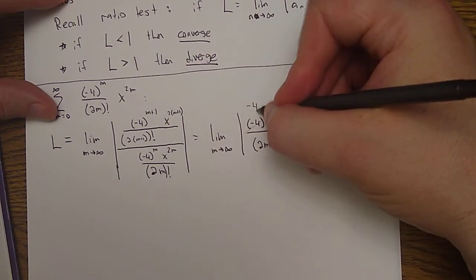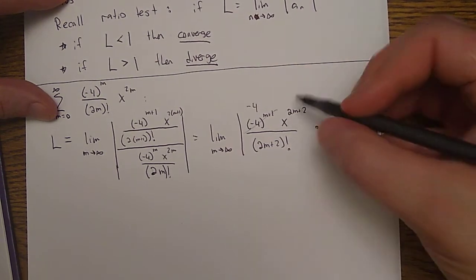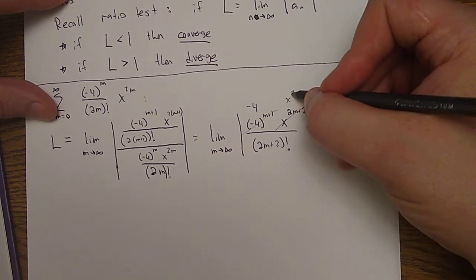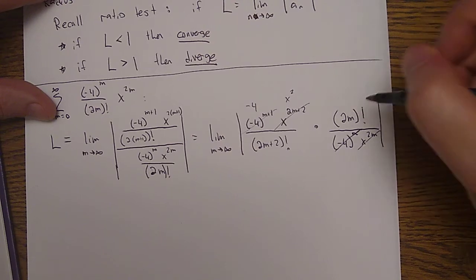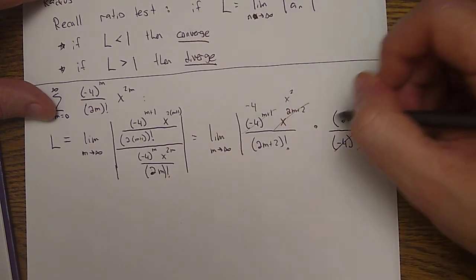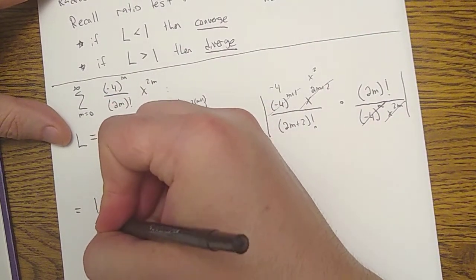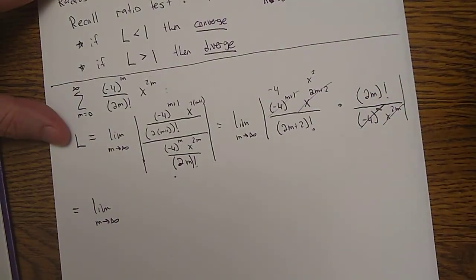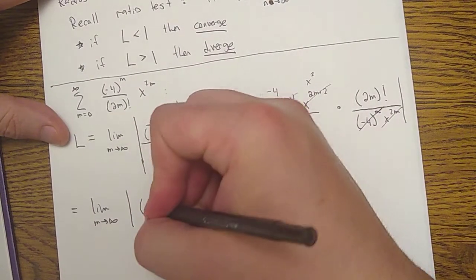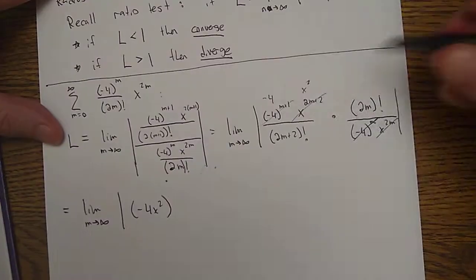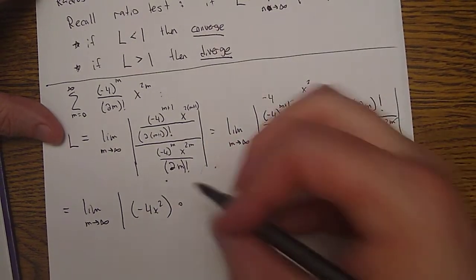So I'm just going to be left with a negative 4. I also have an x to the 2m. So I'm just going to be left with an x squared. Also, something cancels here, but let me show you. So what do I have? First of all, I've got my negative 4x squared. Other than that, I've got this on top and this on bottom.